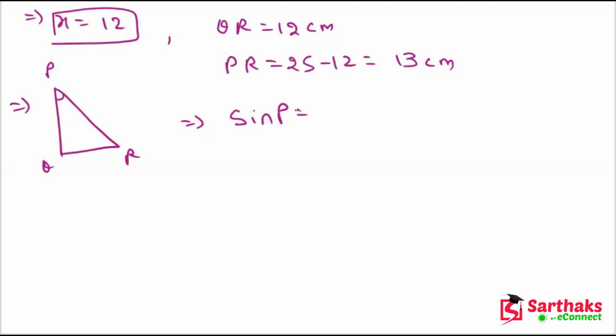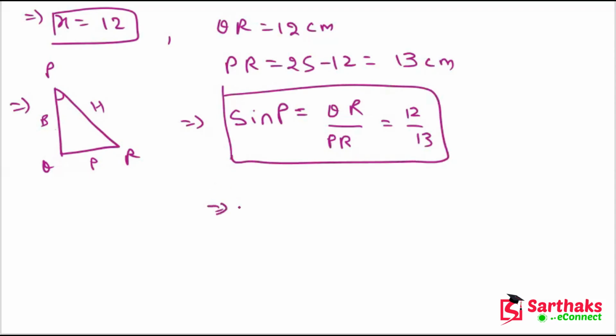We know the ratio of sin is perpendicular upon hypotenuse. In this case the perpendicular is QR. This is base, this is perpendicular and this is hypotenuse. So QR divided by PR gives 12 upon 13.